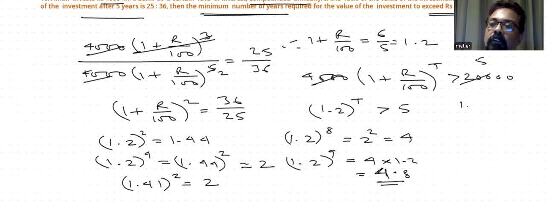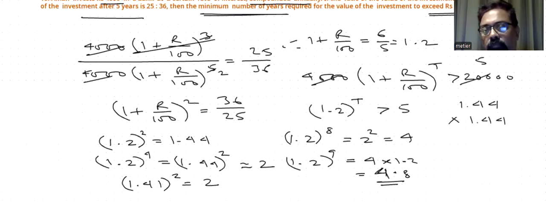1.44 into 1.44. Let's go with this. Let's cross check to get the confidence. 4 fours are 16, 4 14s are 56, 57 6.